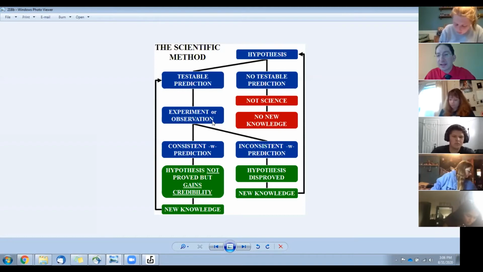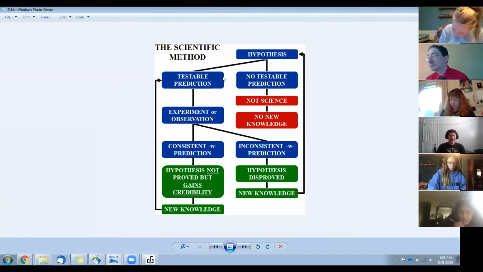If the result is inconsistent with the prediction, then the idea is wrong. And this is the most powerful idea behind the scientific method. If you have a hypothesis, it makes a prediction, you go and test it, the prediction's wrong, the idea is wrong. You only have to be wrong once, and the idea is flat out wrong.